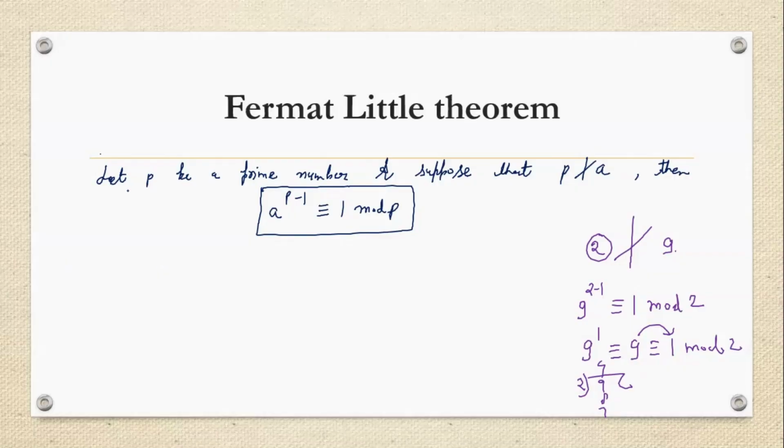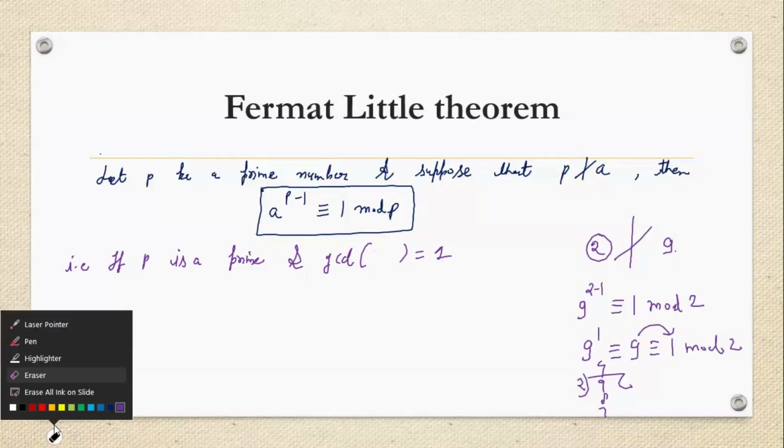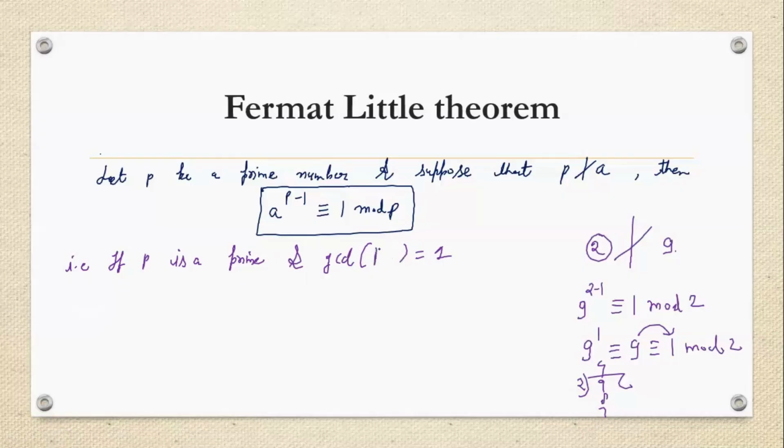Now the second corollary, or the second statement of this, we can also write this statement like this. If P is a prime number, and GCD of P comma A is 1.